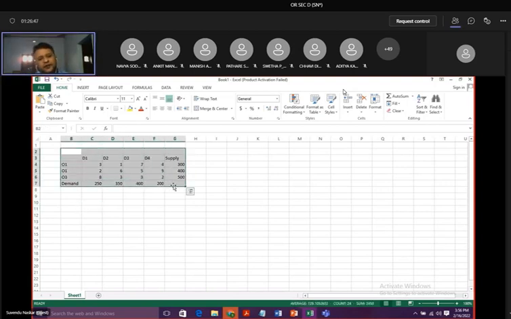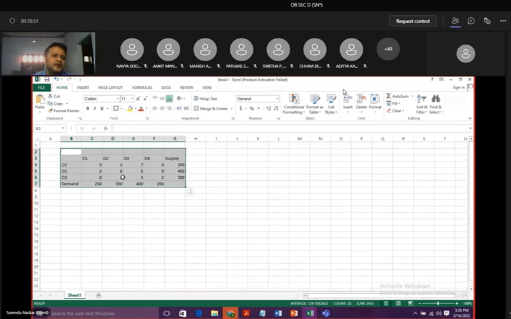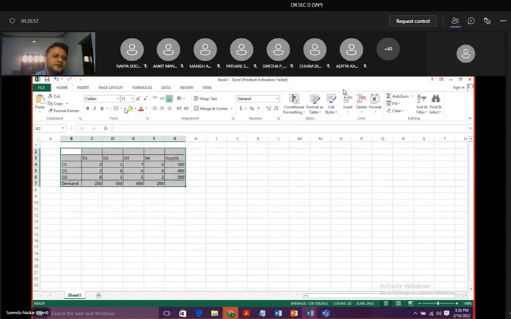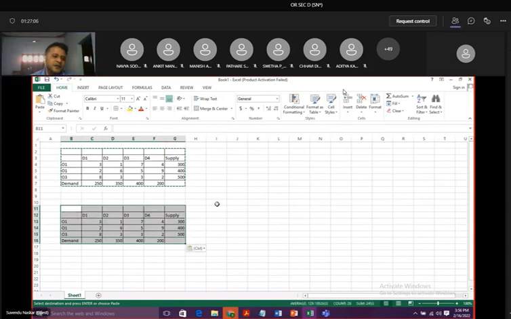We have not done anything new here. Now this is my demand. The rows below are basically what?